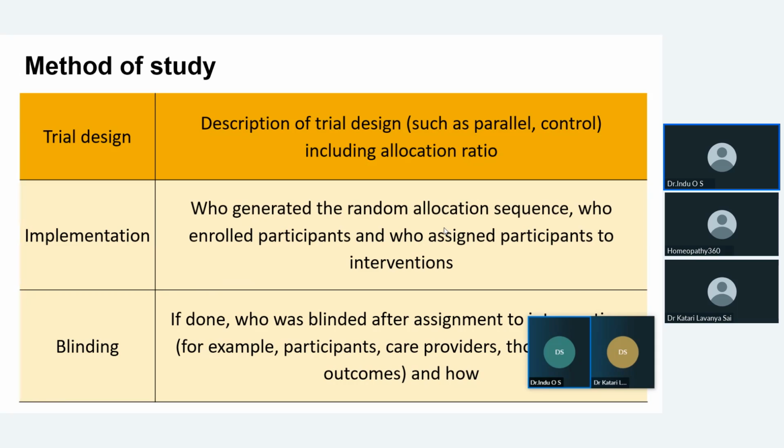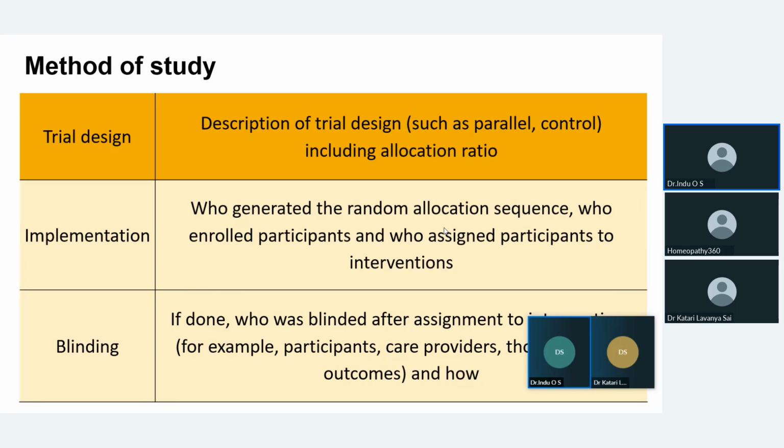These are the things we have to be very careful about while designing a study, and while drafting the methods as well as the materials of the study. If possible, you should mention the sampling technique. If you are selecting the 5 to 15 years age group only, it's purposive sampling. It's not random sampling.